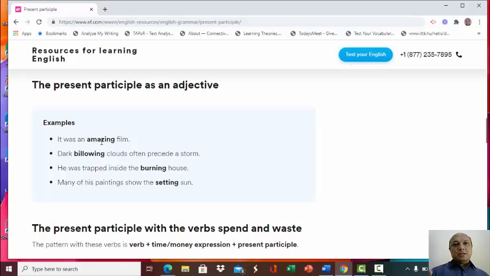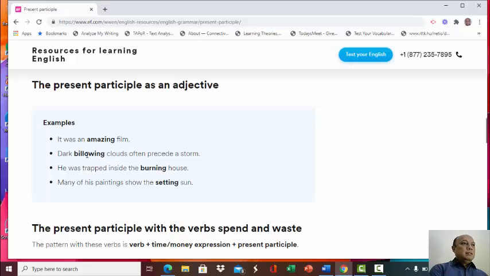An adjective always modifies, always explains a noun. So you have amazing as the adjective. This modifies or explains film as the noun.